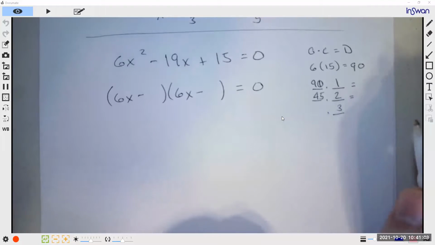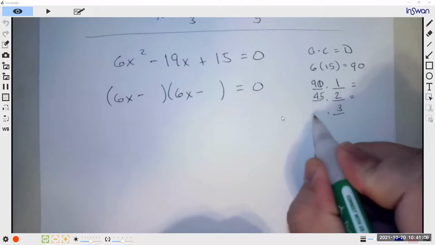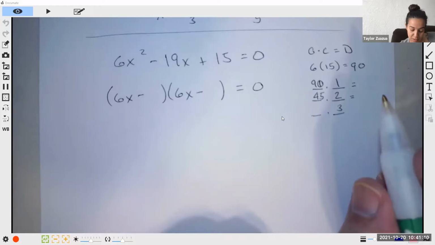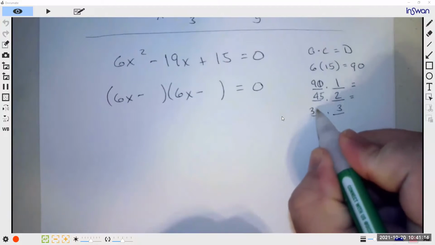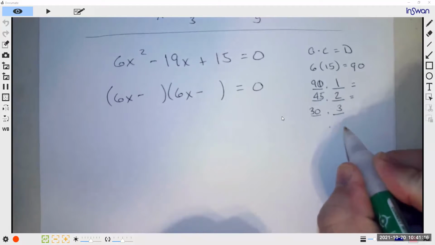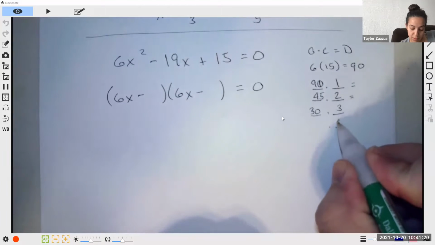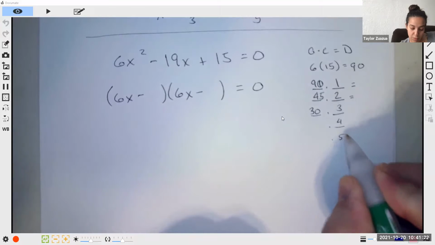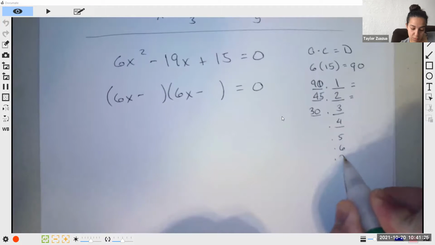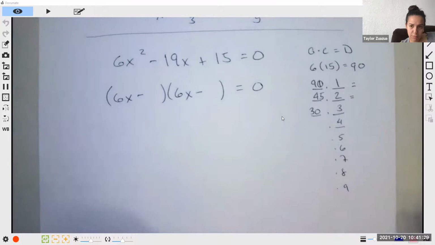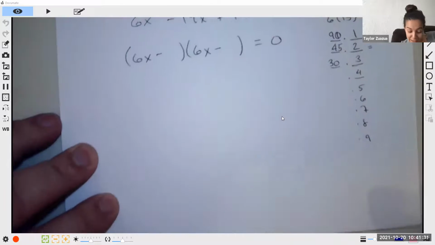How about 3? Is there anything with 3? That's 30. 90. 4. We have to go through the whole number line?